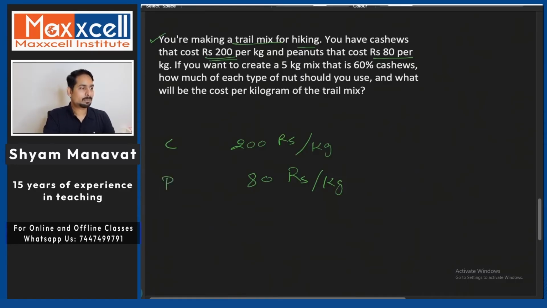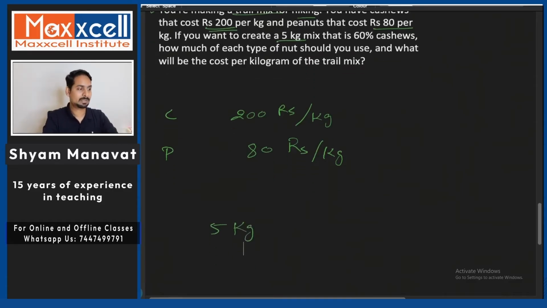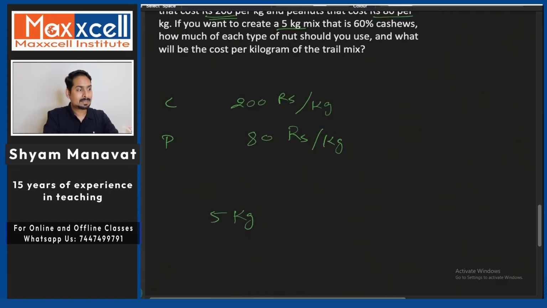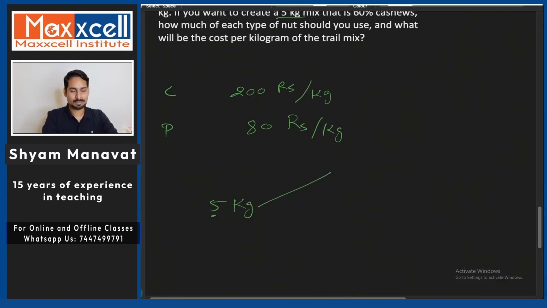Now you are going to make a total of 5 kg of mixture in which you want 60% cashews. So just simply tell me, 60% cashews means that 60% of the total mixture you want is cashews. So 60% of 5, tell me.